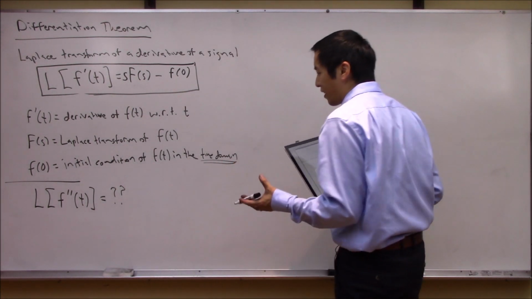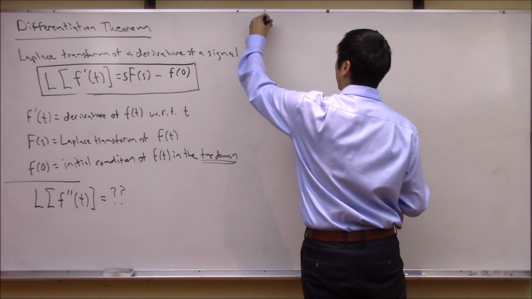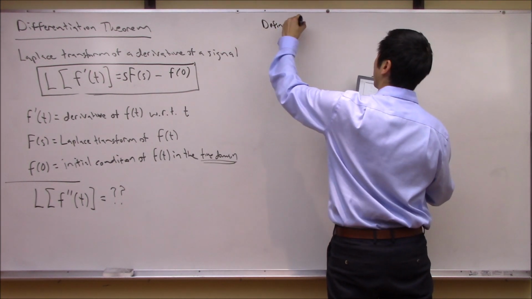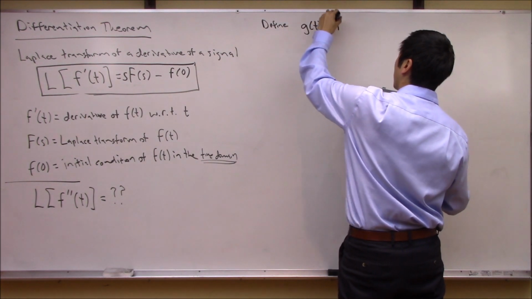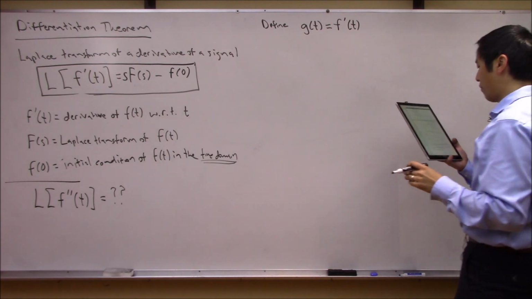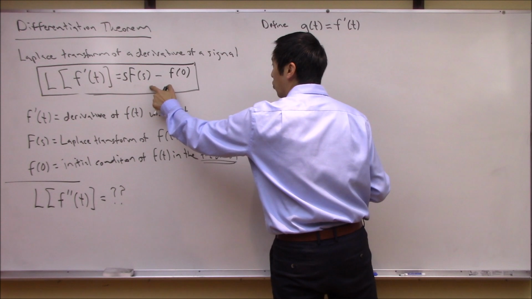The way to get to this really quickly and simply is to define another function. How about g of t, and let's just make that f prime of t. So g is just the first derivative of f, okay? If that's the case, let's just spam this rule that we just derived.